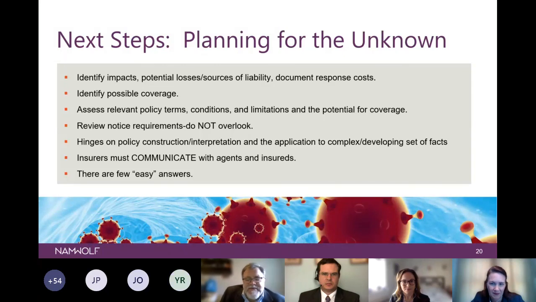Because the business interruption coverage does factor in the costs you've incurred in order to mitigate your loss. That is something that is covered in part under a business interruption coverage extension. So that's part of the analysis, whether or not you've taken steps to mitigate.